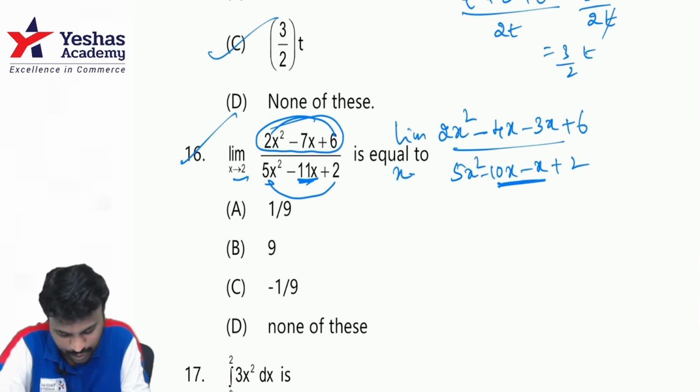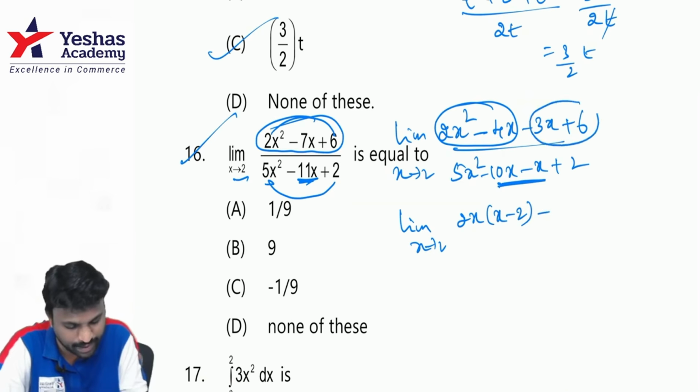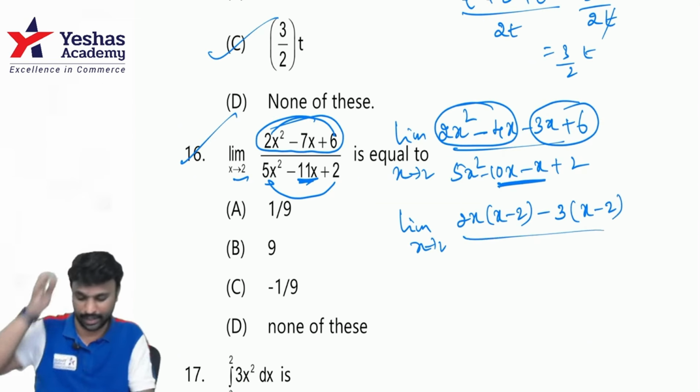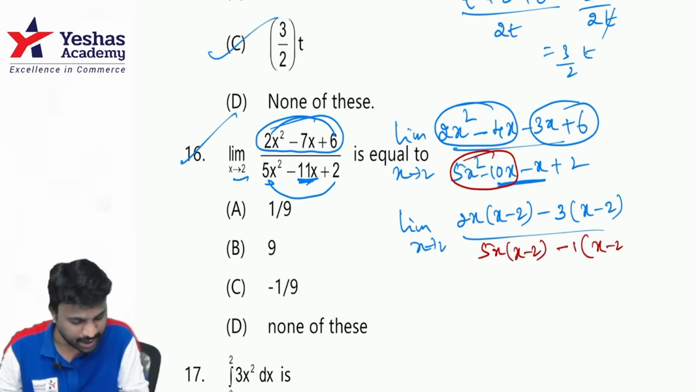So limit x tends to 2. Now guys, what's common here? The common from the first two terms is 2x. If I take it out, x minus 2 is remaining. Here the common is minus 3 and remaining is x minus 2. And in the denominator, if I combine the first two terms, 5x is common, so x minus 2 is remaining, minus 1, x minus 2 is remaining.